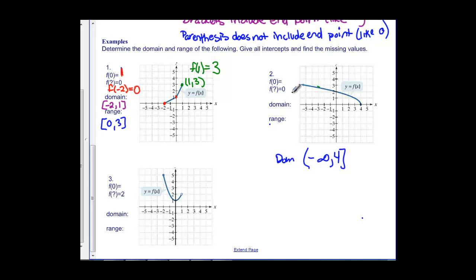The range on this one's a little bit tricky too. So what's the range? So the y values, I'm here in 0, so you guys are recognizing that whenever y is 0, the graph starts, or there's an endpoint there. And then is it going to be positive or negative?